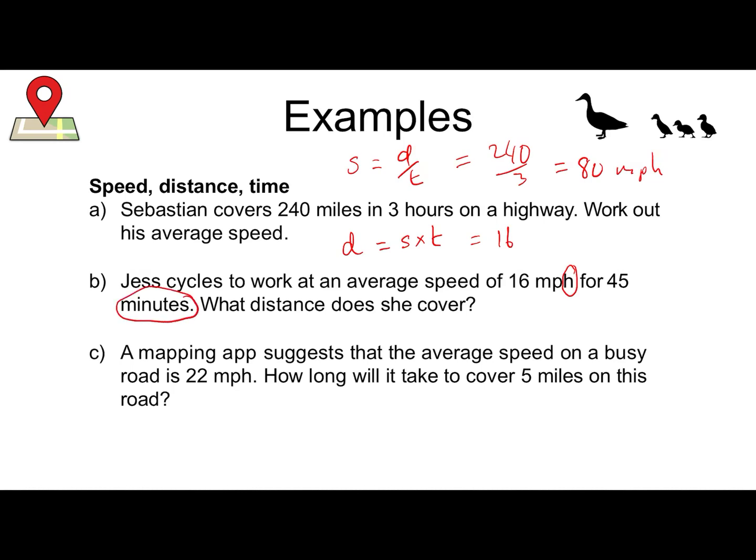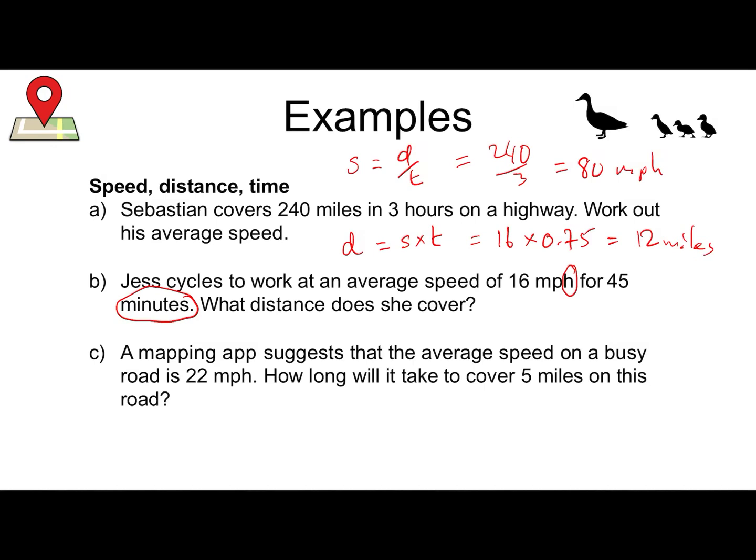It's not 45 because you would be mixing hours with minutes. So we need to write 45 minutes as a decimal hour. Of course, 45 minutes is 3/4 of an hour, 0.75. So that would be 12. So what do we actually look for? Distance. It would be 12 miles.